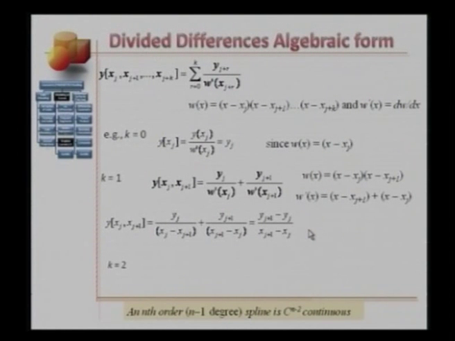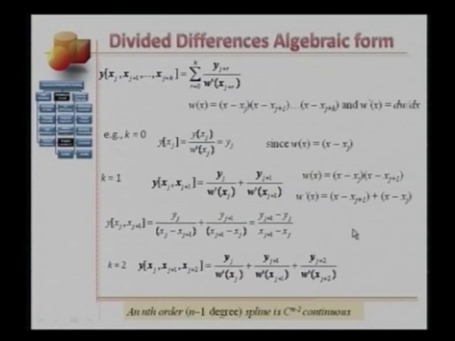For k equals 2, we have y of xj, xj plus 1, xj plus 2 equals yj over w prime xj plus yj plus 1 over w prime xj plus 1 plus yj plus 2 over w prime xj plus 2.